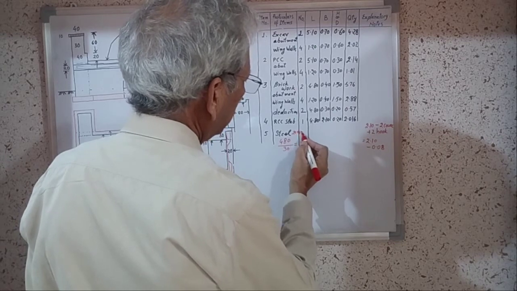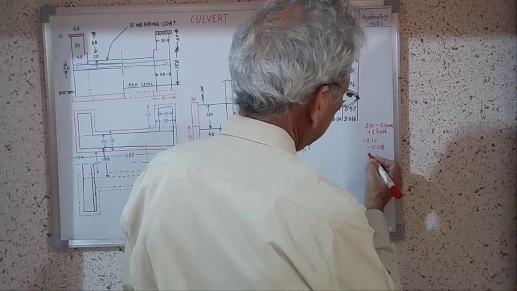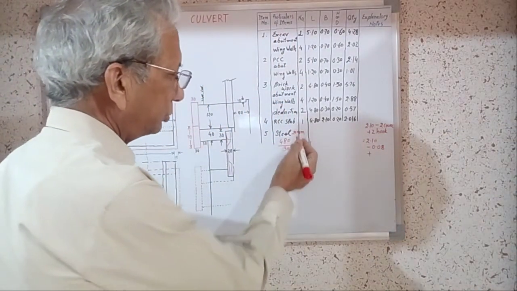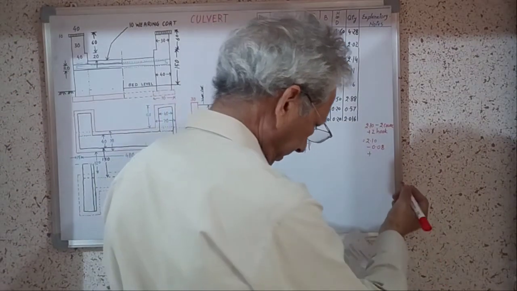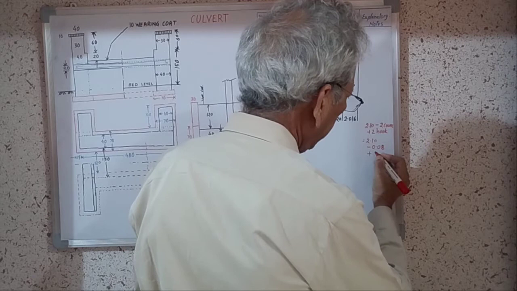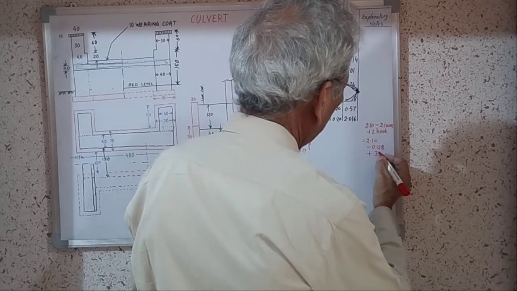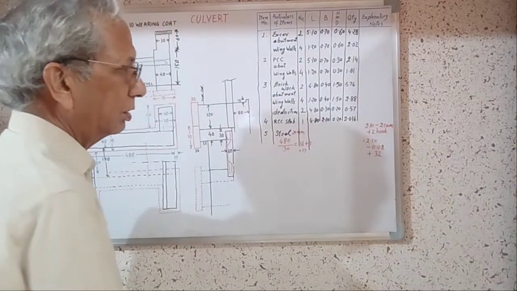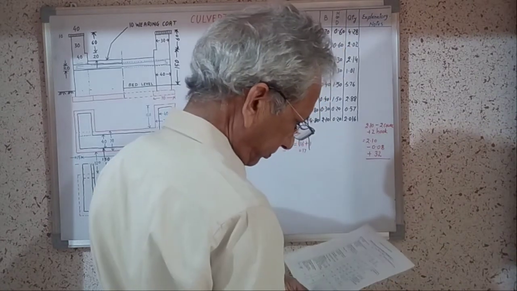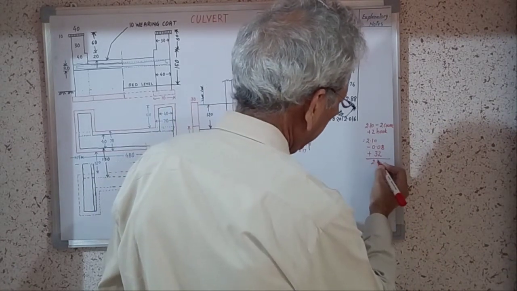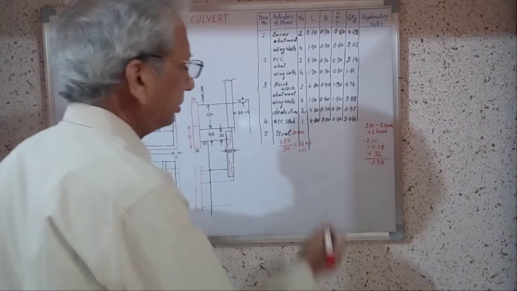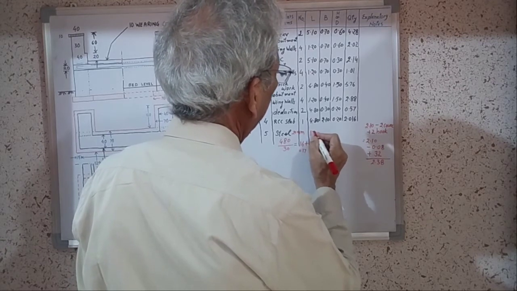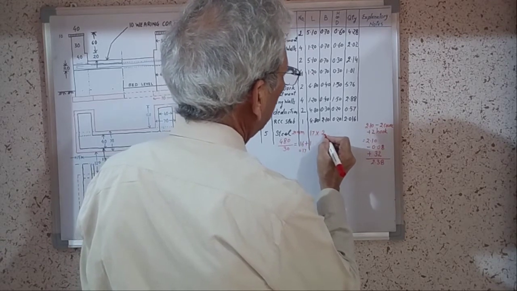Therefore, plus 18 into 20, it will be 360 centimeter. Now this total will be 2.38. Therefore, length of the steel, number of bars will be 17 multiply 2.38.